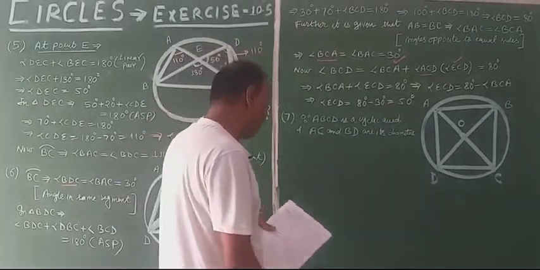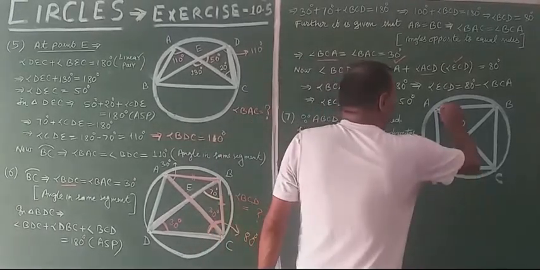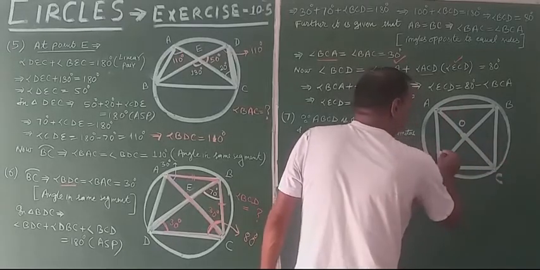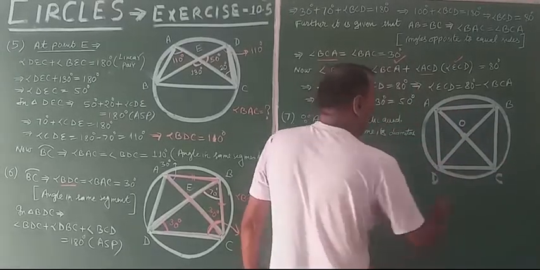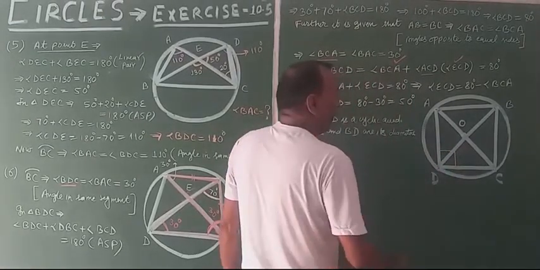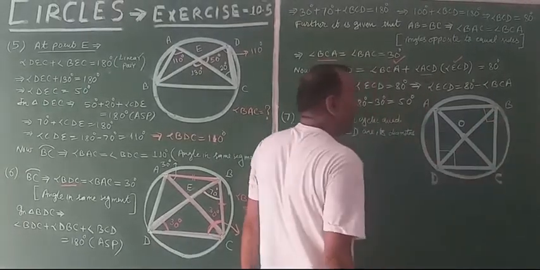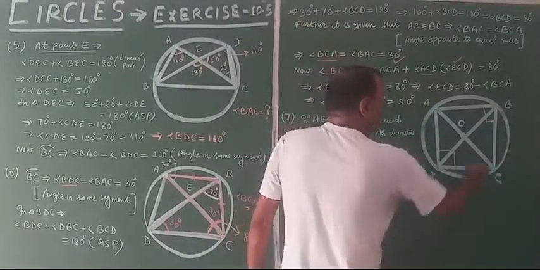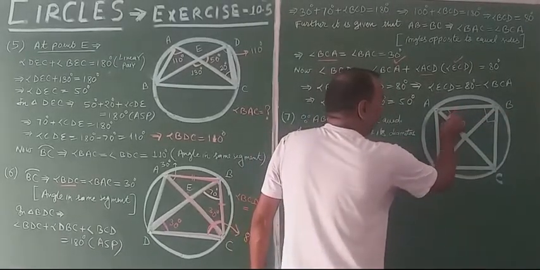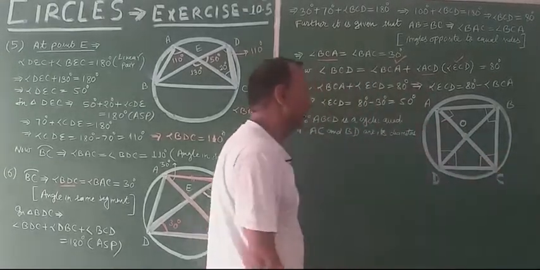Therefore, what will happen? Suppose AC is a diameter, it means this whole angle will be 90 degrees, and this whole angle will be 90 degrees. Similarly, BD is the diameter of the circle, so this angle will be 90 degrees and this angle will be 90 degrees.